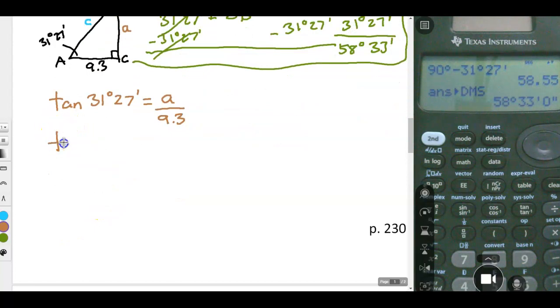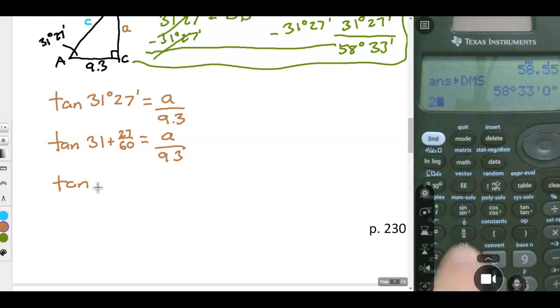So this is going to be equal to tangent of 31 plus 27 over 60 equals my rise divided by my run. Okay. So I'll do 27 divided by 60.